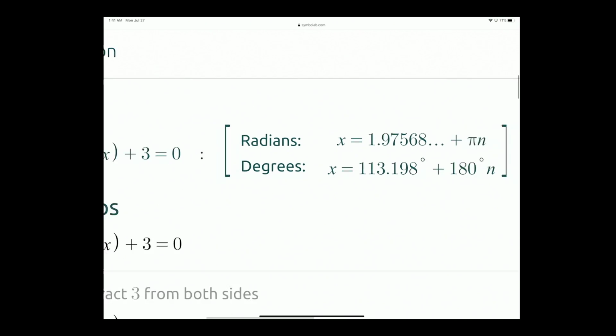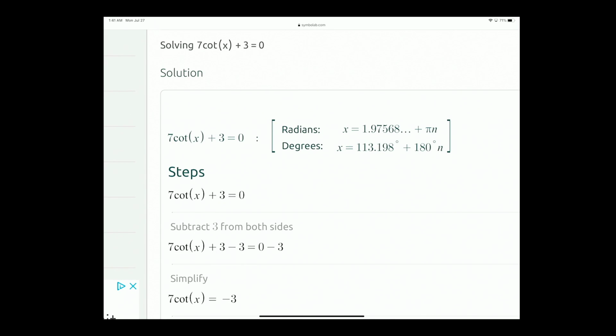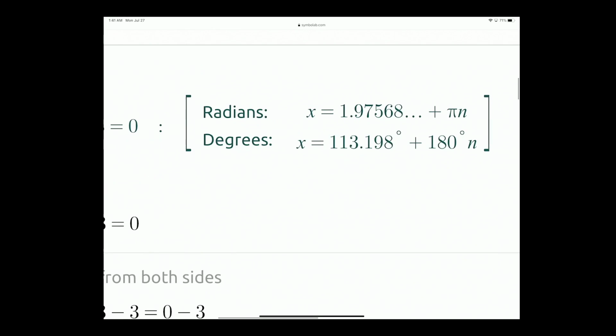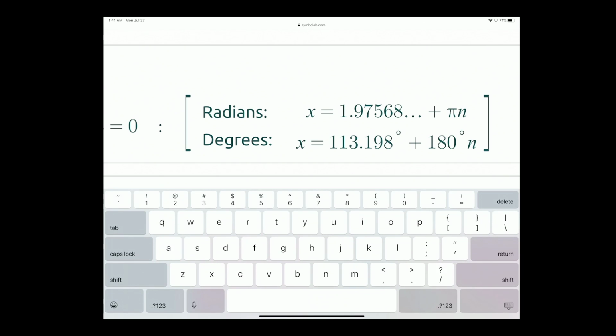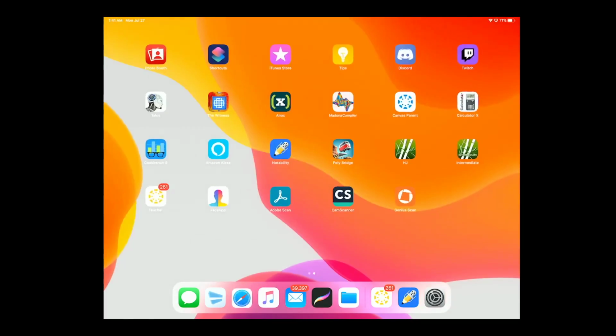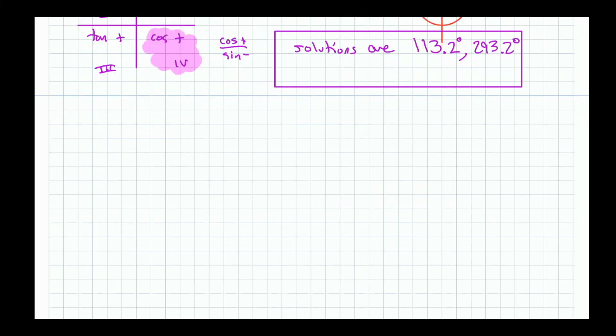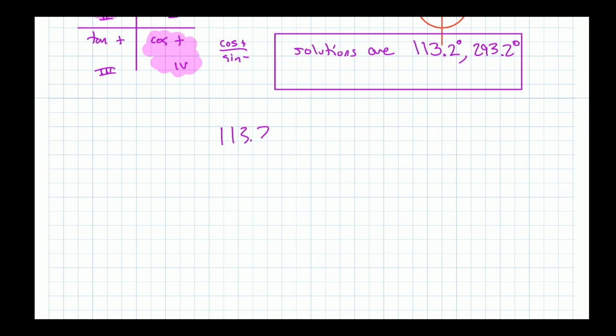Actually, they did do it, right? They did give us the answer here, because this says 113.2, which is one of our answers, and then they say plus 180 times n. So according to this, one answer was 113.2, and the other one was 113.2 plus 180.